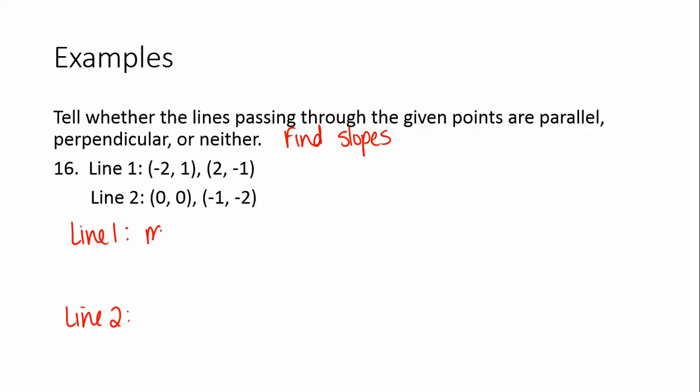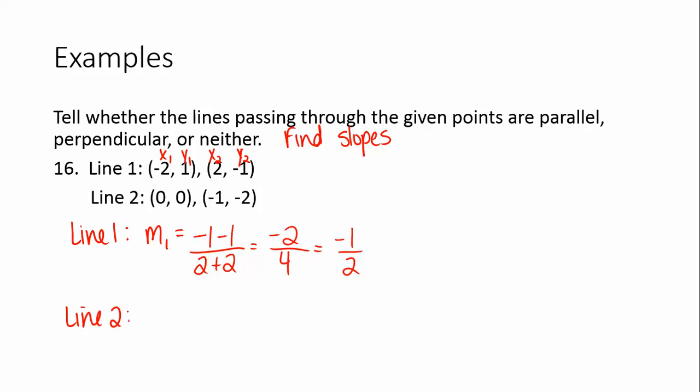So for line 1, the slope would be, and I'm just putting the subscript down here so we know we're talking about line 1. Remember, it's y2 minus y1 over x2 minus x1. So we're going to do -1 minus 1 over 2 minus -2. That gives us -2 over 4, or -1/2.